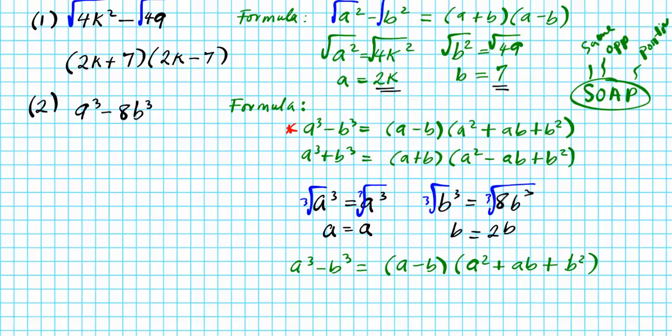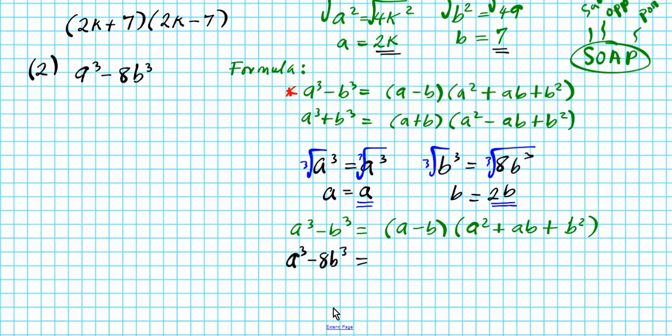So in this problem, we have a to the third minus 8b to the third. Our a and b values are going to be a for a and 2b for b. All right?